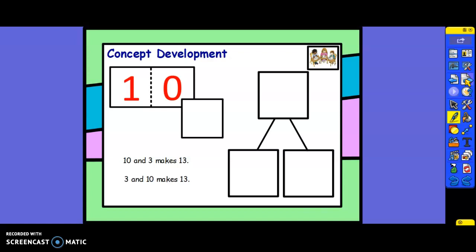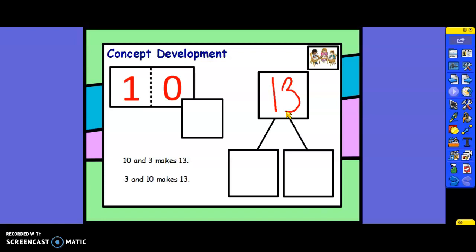So we have our teen number of, they want you to show the number 13. So think about the number 13. When I write 13 the regular way, this is how we write 13. That's going to be our whole. So I want you to think about the parts that make 13.